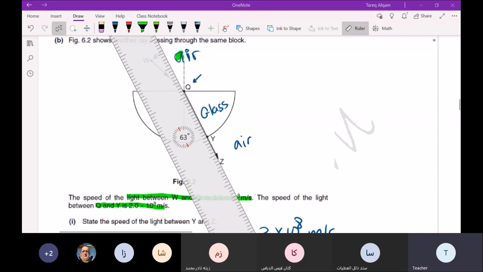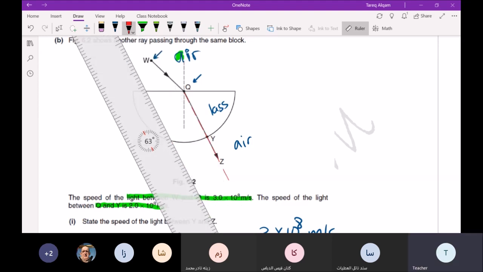If I draw a normal here, look at the normal that I've drawn now. If I draw a normal at point Y, the incident ray lies where?